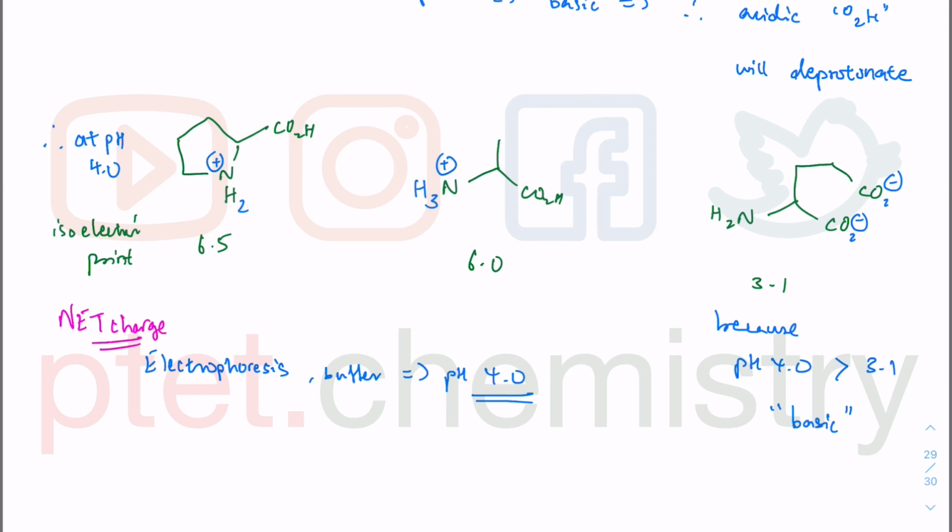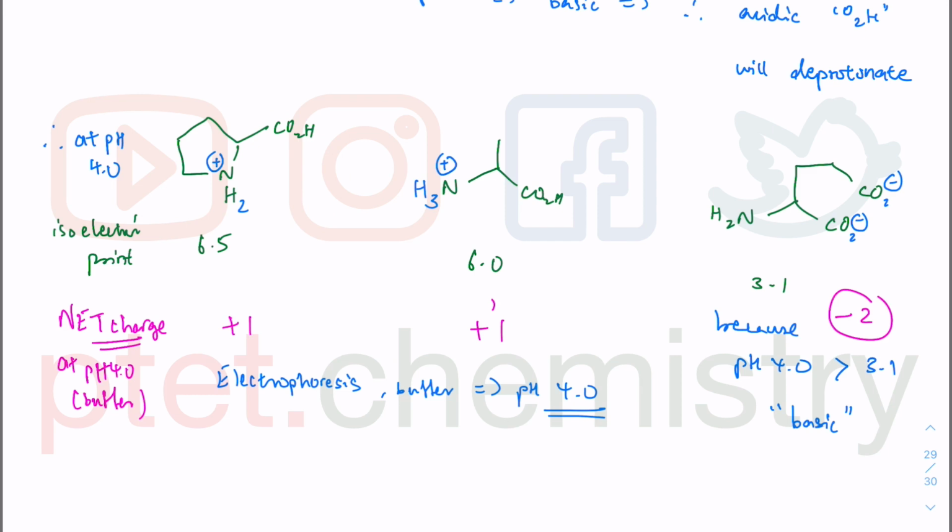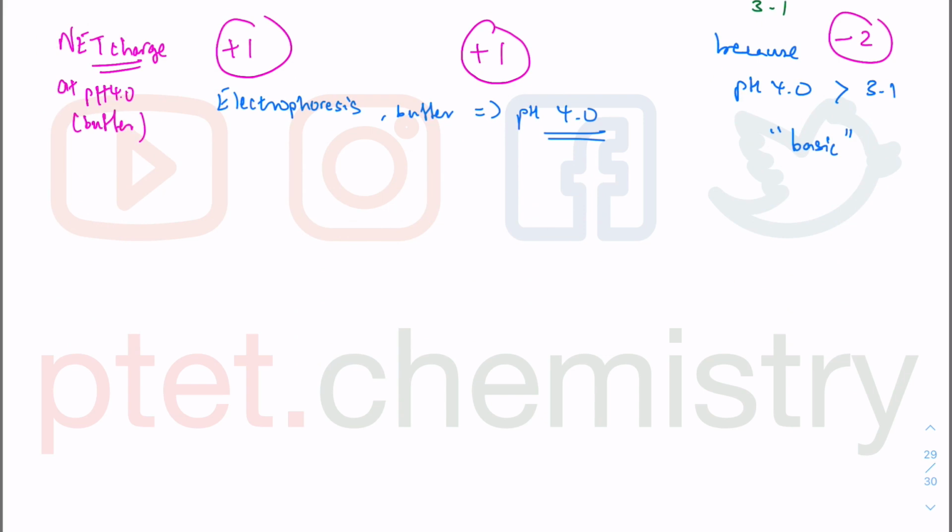My net charge at pH 4.0, this is from the buffer, is going to be the sum of those net charges: +1 for the overall species, +1, and this one is going to be -2 for the overall species. As a result, I can see that these two and this one are going to be moving in opposite directions.